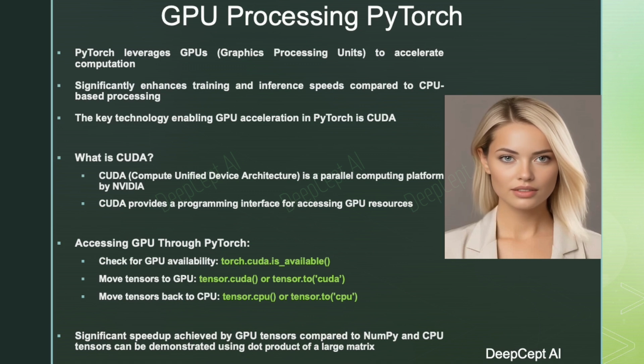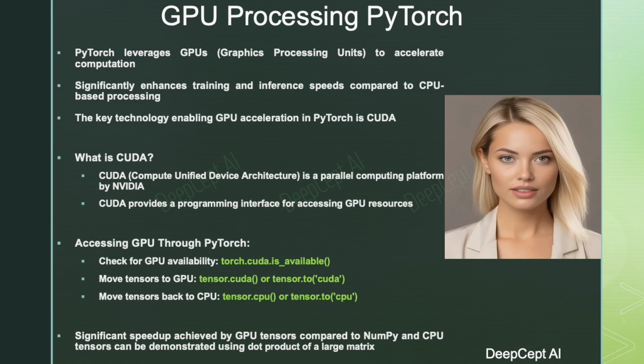CUDA allows developers to exploit the parallel processing capabilities of NVIDIA GPUs for general-purpose computations, including deep learning operations. Accessing the GPU through PyTorch is straightforward, requiring only a few lines of code. By checking GPU availability with torch.cuda.is_available, developers can seamlessly switch between CPU and GPU processing.